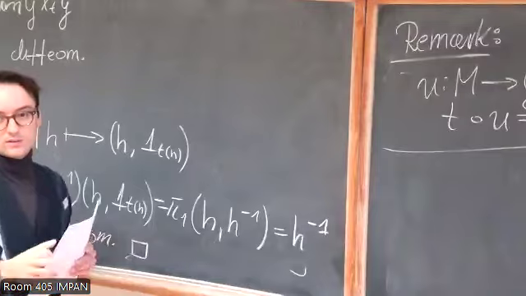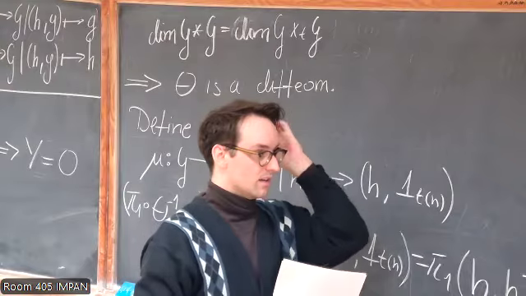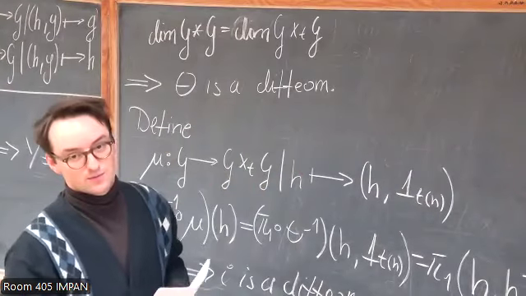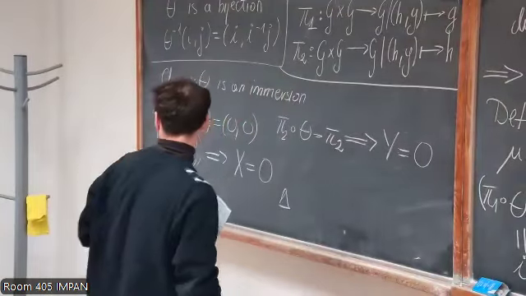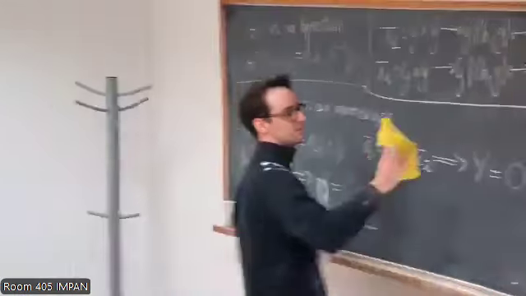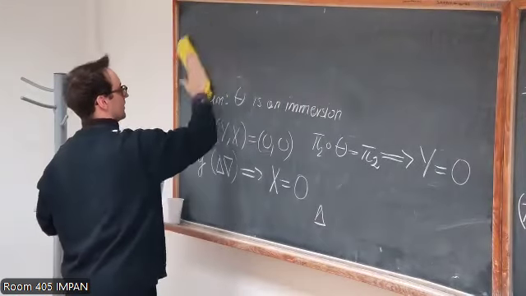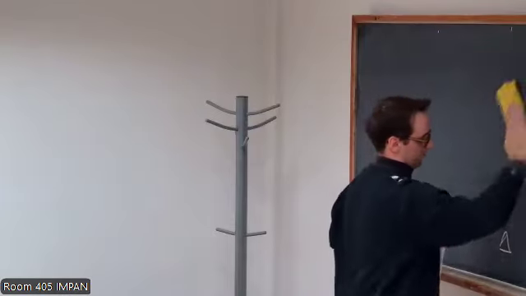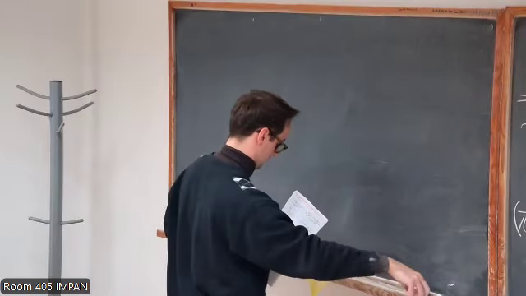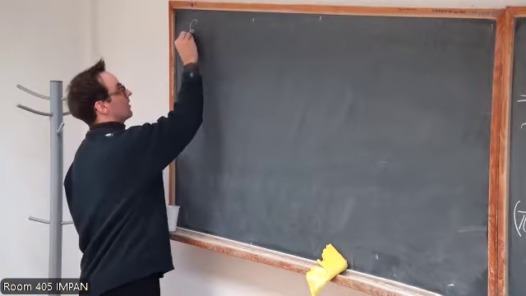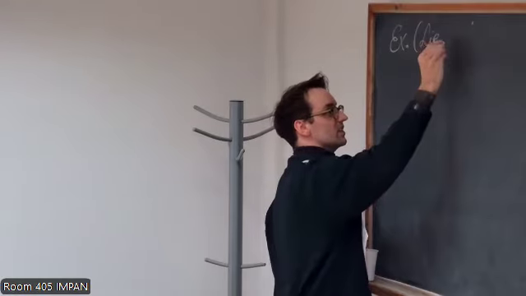Okay. So now let me show you some examples of groupoids and Lie groupoids. So now there's the part with a lot of examples. Most of you probably know. So the first example is a Lie group.